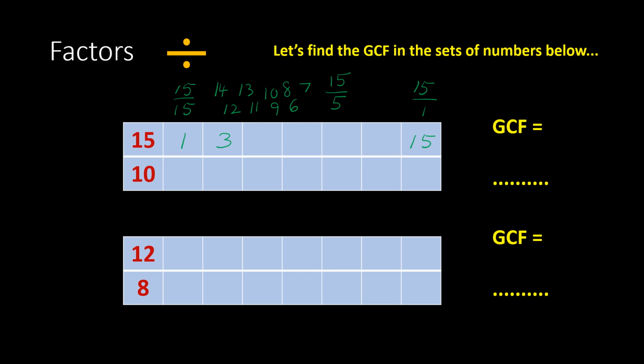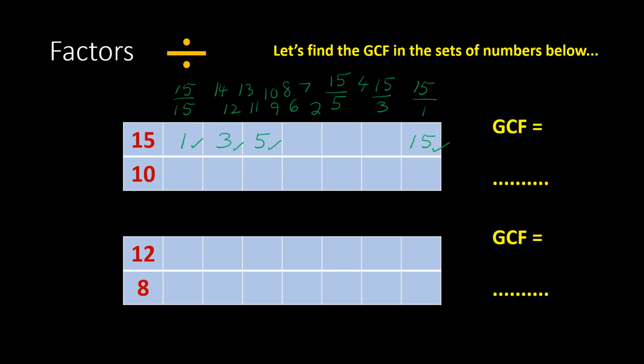How about 4? No. By 3, yes. 15 divided by 3, you get 5. How about 2? No. And you have 1. So the factors of 15 are 1, 3, 5, and 15.